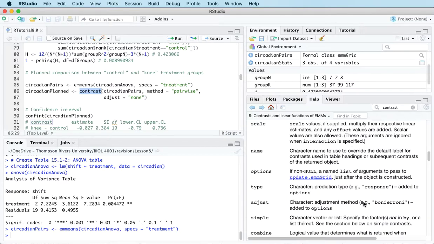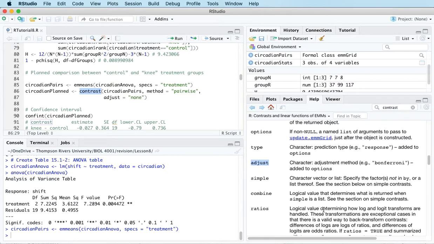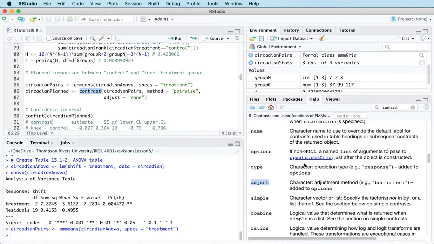In particular, this argument here, adjust, tells us the adjustment method. In the case of a planned comparison, we want to set the adjustment method to none.